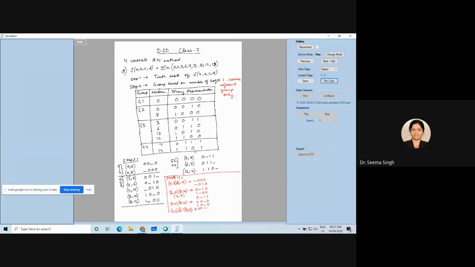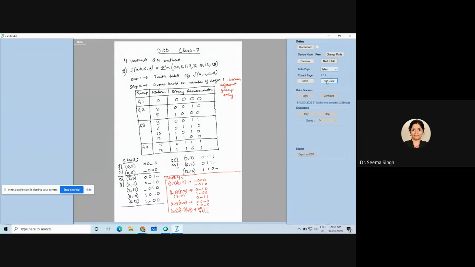Next is 6, 7 is 0, 1, 1 dash. And last one is 12, 13, 1, 1, 0 dash. Okay, my 1, 1, 0 dash is not to be seen. Anyway, you will have to manage with this.